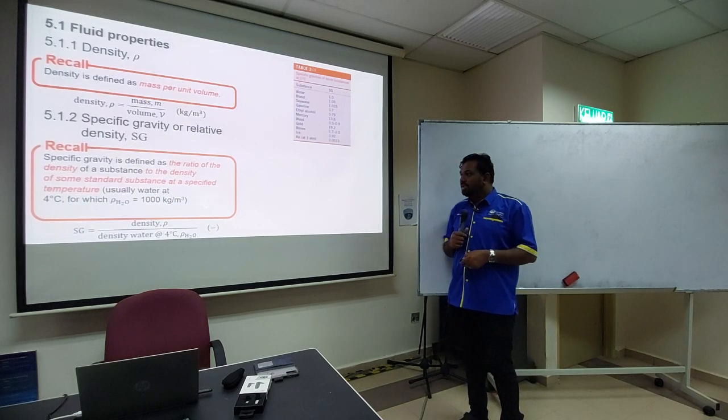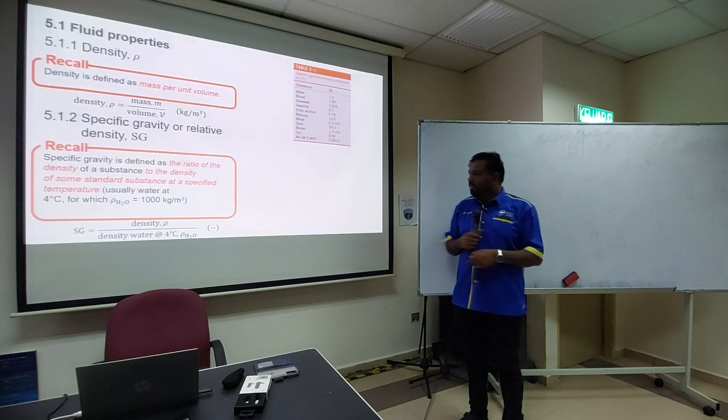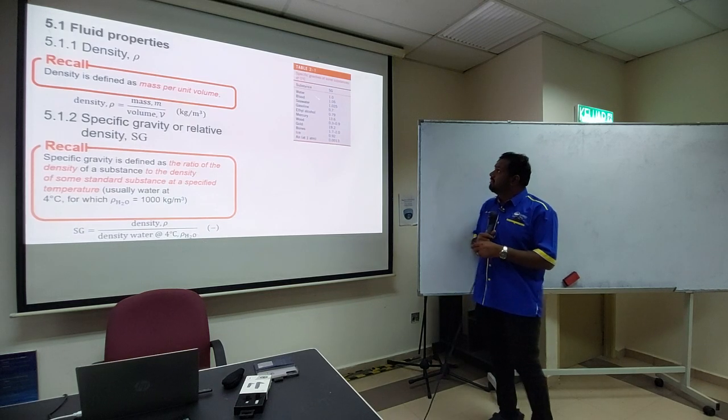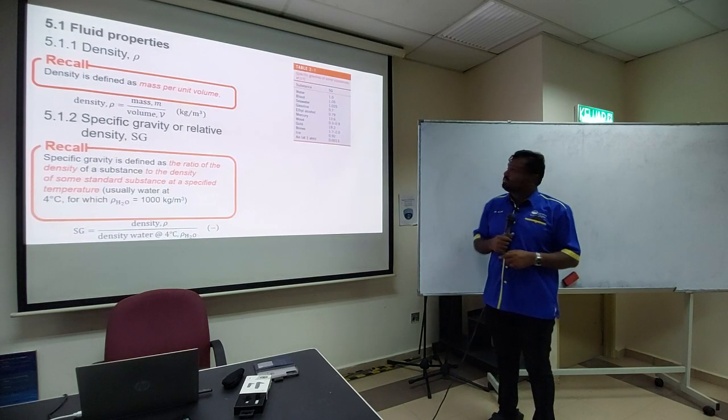Usually we will compare it with water. Okay, water is 1000 kilogram per meter cube. Okay, so this is the formula. Specific gravity equals to density of a material or the fluid divided by density of water at 4 degrees Celsius for the water. Okay, so we can see the table here.